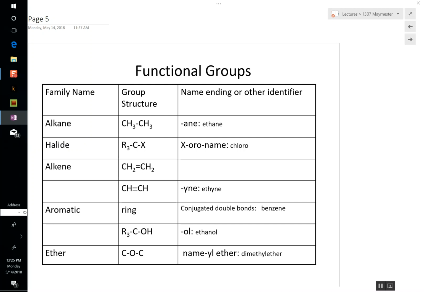X is a halogen. So you might want to take a few notes on here. And what are halogens? Well, there's fluorine, chlorine. And they are diatomic. This is how they are as an element. Chlorine is like that.